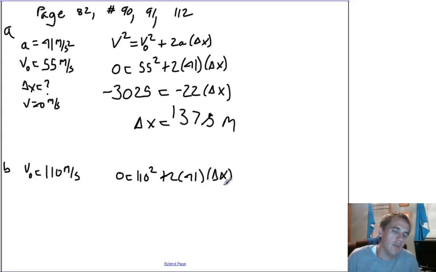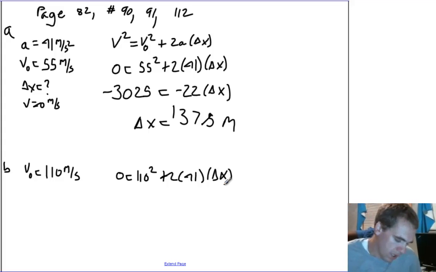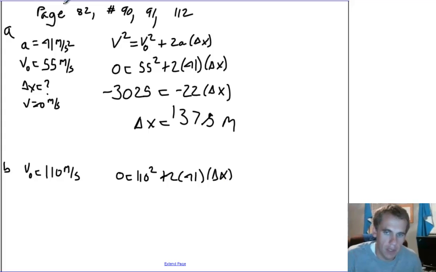Okay? And you'd think it would take twice as far, but that's not the case. And so 110 squared divided by negative 22 is 550 meters. Okay? Delta x equals 550 meters.